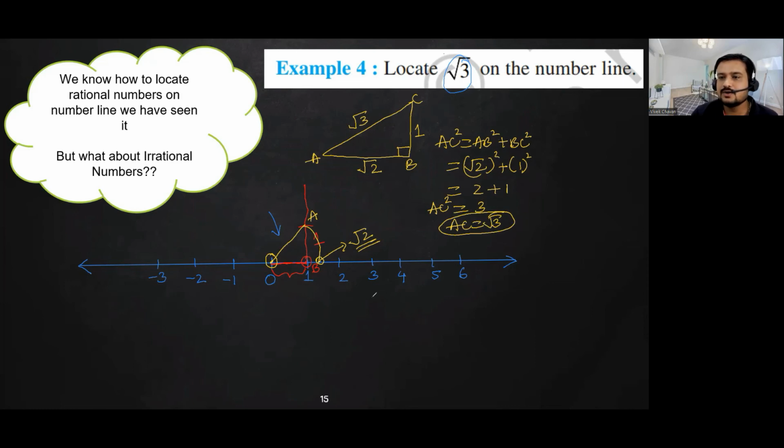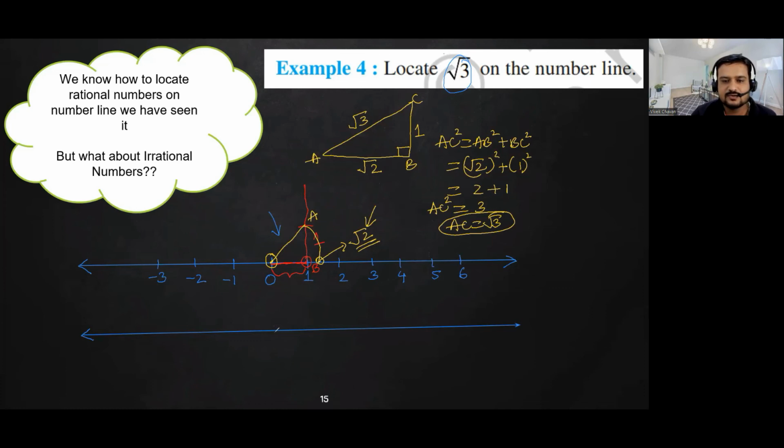Okay. Now we will take the help of this under root 2 for plotting the under root 3 value. Again, we will draw a number line. So this is our number line again.